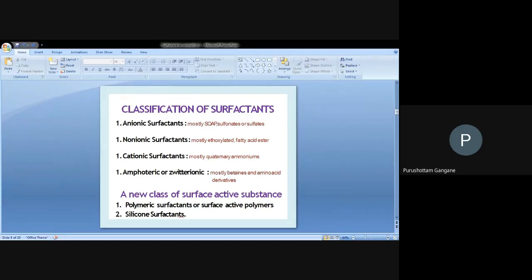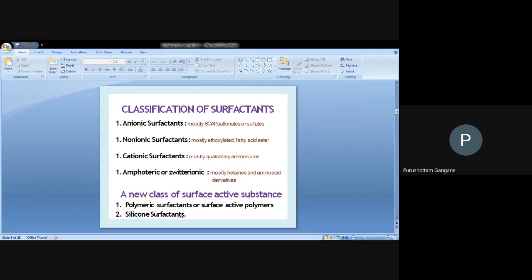Cationic surfactants are toxic in nature and are very rarely used in formulations. Due to their toxic nature, they have antibacterial property. They can damage the cells of microorganisms and also act as bactericidal agents.